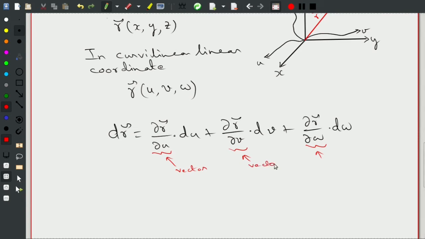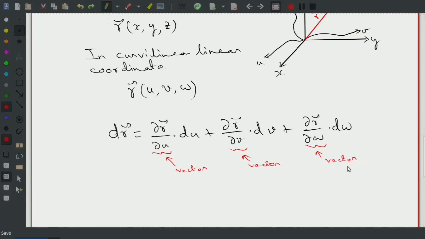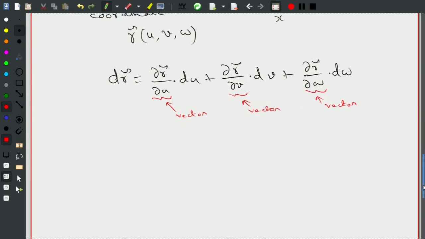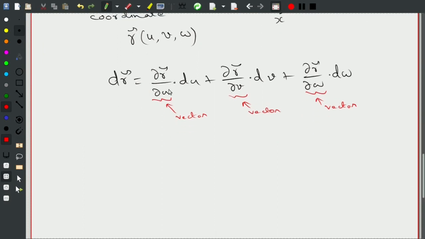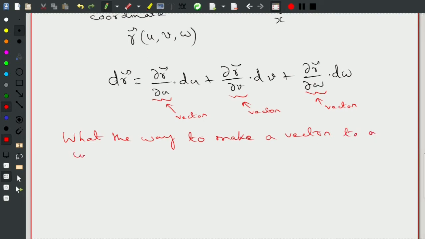So here also they must represent a unit vector, but not in a straightforward way. So in order to make this general vector into a unit vector, what's the way?